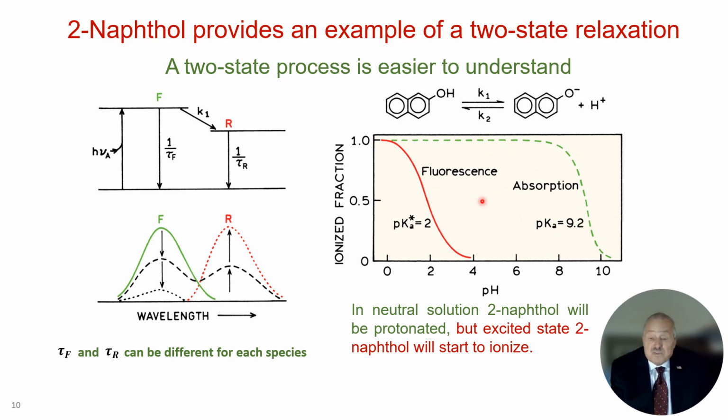So in neutral solution, this is all we have, but when we go to the excited state, the naphthol will immediately start to lose protons. And so we expect this two-state model.